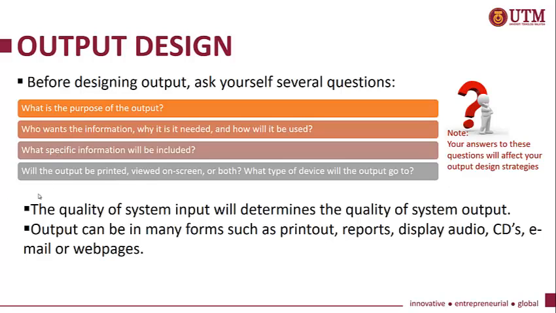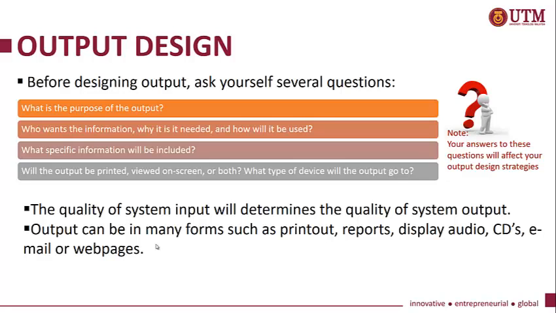The quality of the system input will determine the quality of the system output. The output can also be in many forms. It can be in hard copy, for example a printed report, and in soft copy, for example through the computer screen, microfilm, audio, CD, email, or web pages.